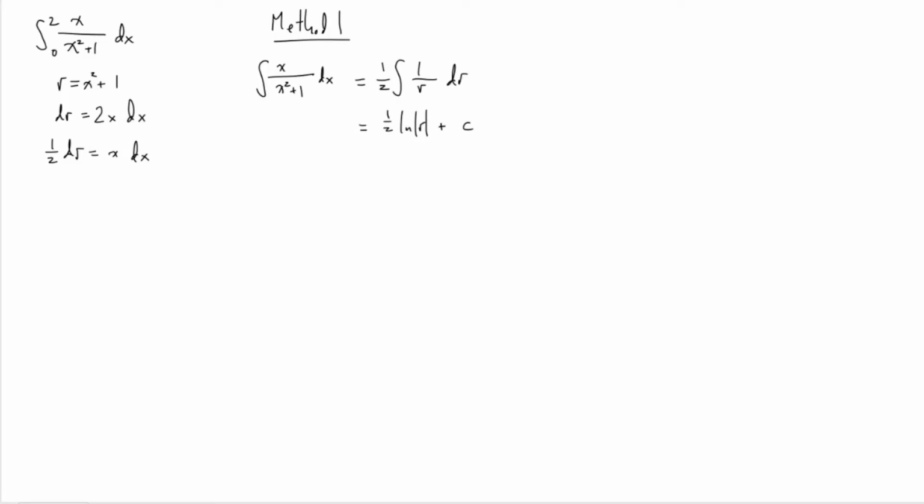You get 1/2 the natural log of the absolute value of r plus a constant. And since r is x squared plus 1, that's 1/2 the natural log of the absolute value of x squared plus 1 plus a constant.